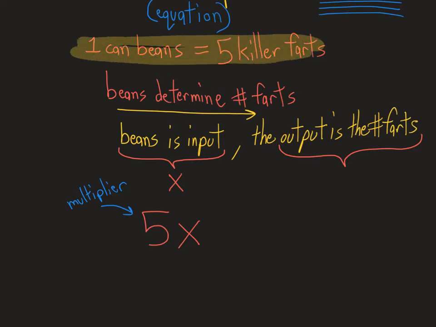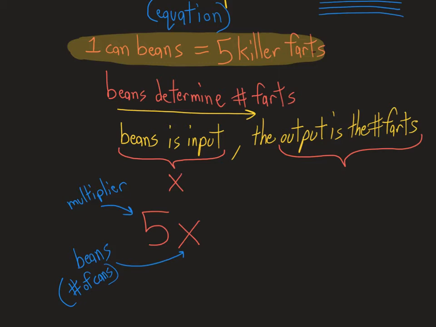So the 1 can of beans multiplied by 5 means I'll now have 5 farts from that can. And x represents the number of cans of beans. That's our beans. That's the input. It's just the number of cans I eat.